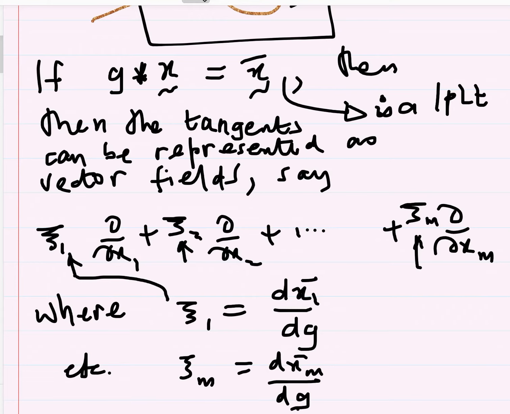But we have the added property that since this is not any old curve, it's a curve that is a one parameter Lie group of transformations, at g equal to 0, the point does not change, so we evaluate each of these at g equal to 0.